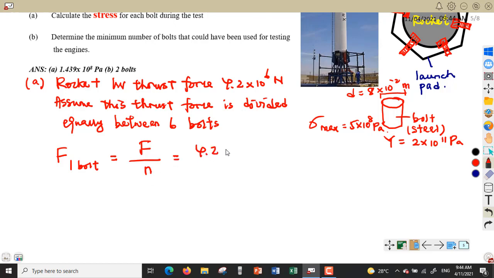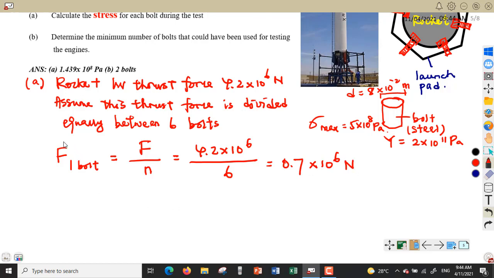So, 4.2 × 10^6 Newton divided by how many bolts? We have 6. So, I'll get the force experienced by one bolt is around, you may pause the video to do the calculations. So, it should be around 0.7 × 10^6 Newton.